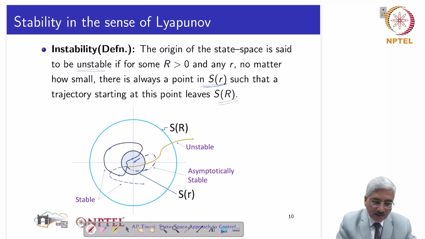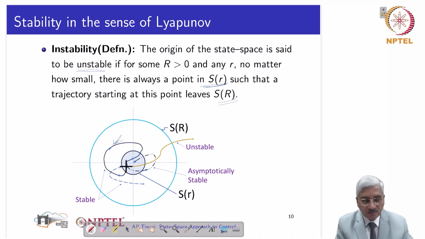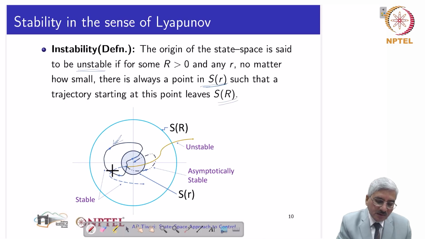Now we consider this trajectory. This trajectory starts from the same point. This is just for depiction only. It starts from a point in S(r), and as time increases, it moves through different points, goes outside S(r), goes into S(R).